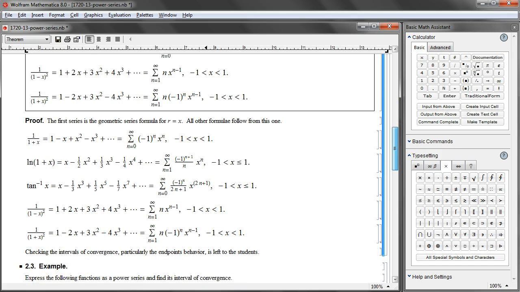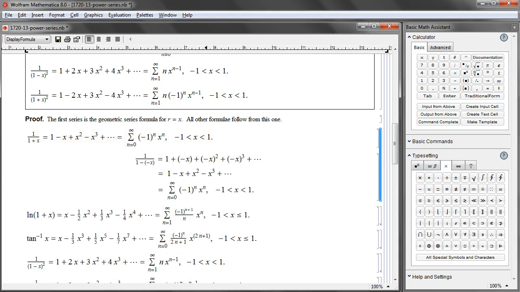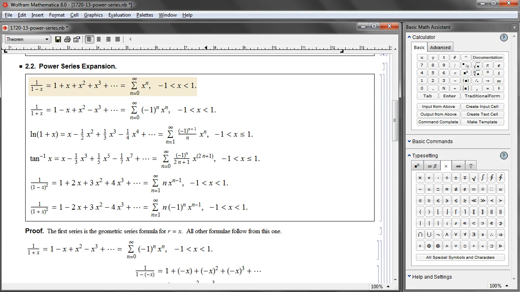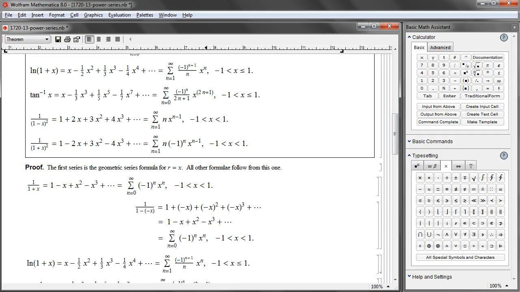Let's move on to the second formula here. And how do we prove that? From the first formula, which is a geometric series formula, replace x by -x, because 1 over 1 plus x is nothing more than 1 over 1 minus (-x).